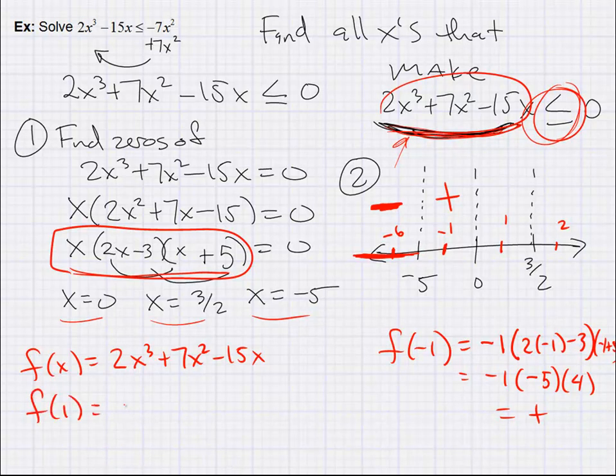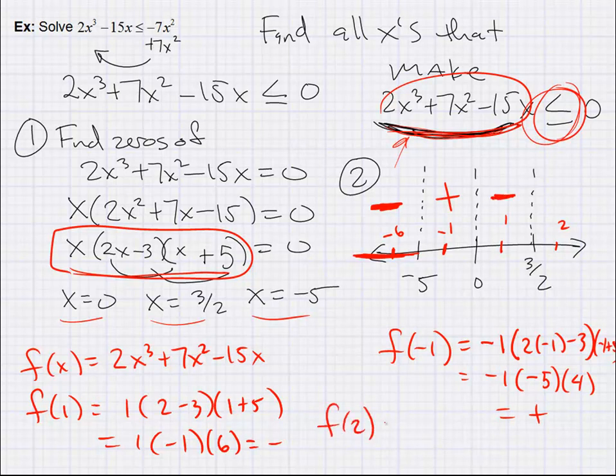f of 1 is 1 times 2 minus 3 times 1 plus 5. So 1 times negative 1 times 6. Positive, negative, positive is a negative. And if I do it for 2, f of 2, I get 2 times 4 minus 3 times 7.